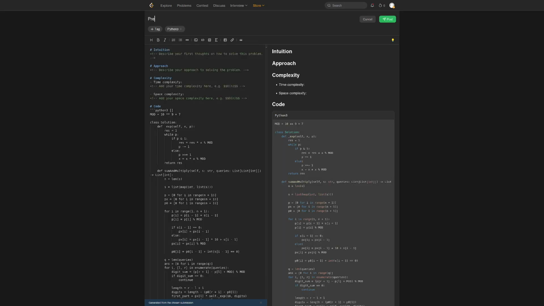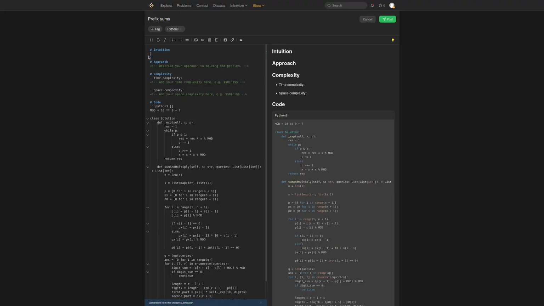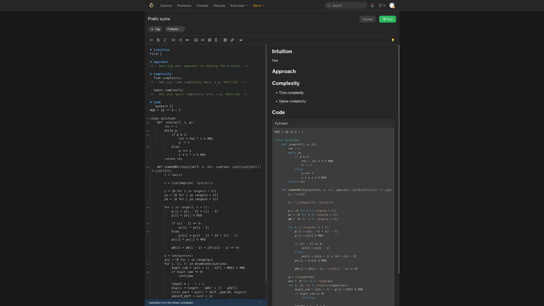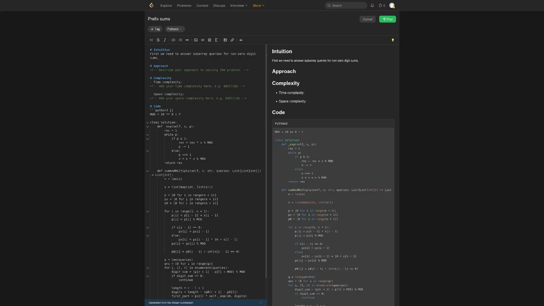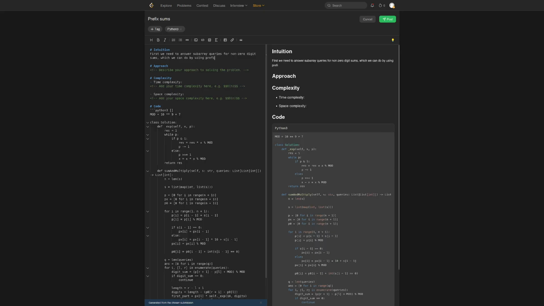So prefix sums. First we need to answer queries for non-zero digit sums, which we can do by using prefix sums.